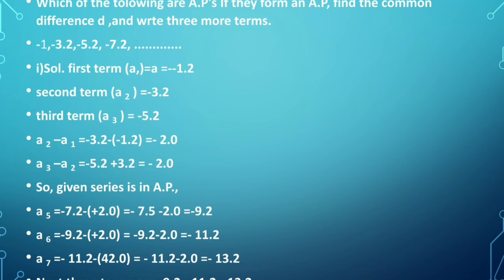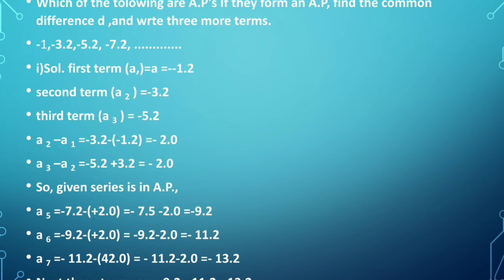Now A4 is equal to minus 7.2. That's why A5 is equal to minus 7.2 minus of plus 2.0, that is minus 7.2 minus 2, that is minus 9.2.